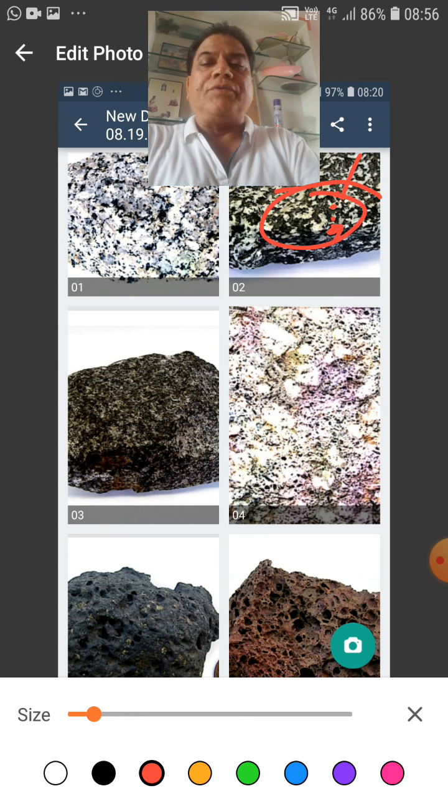So the mineral identification of this sample is that it has mafic minerals, that is pyroxenes, that is greasy, right, and your felsic minerals are plagioclase feldspars, and the texture is coarse grained.